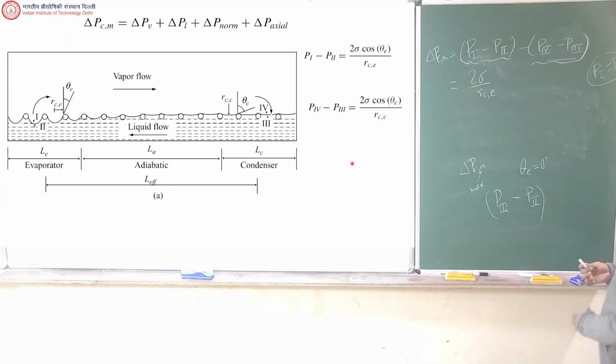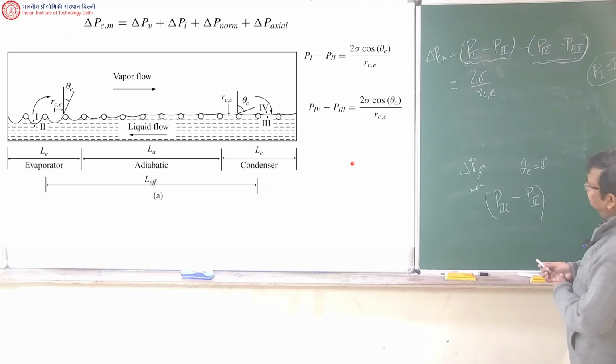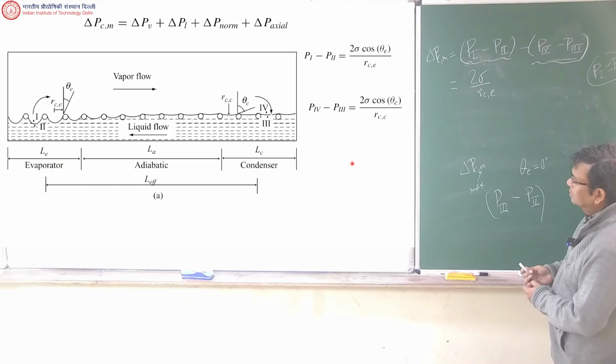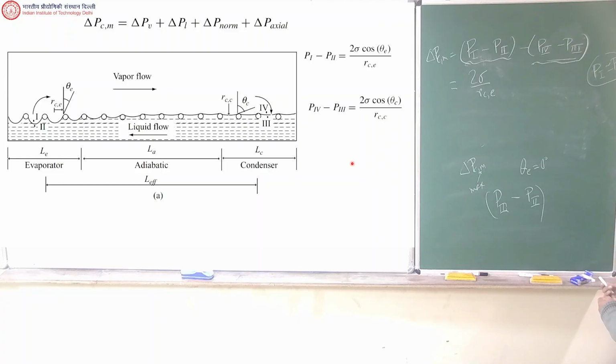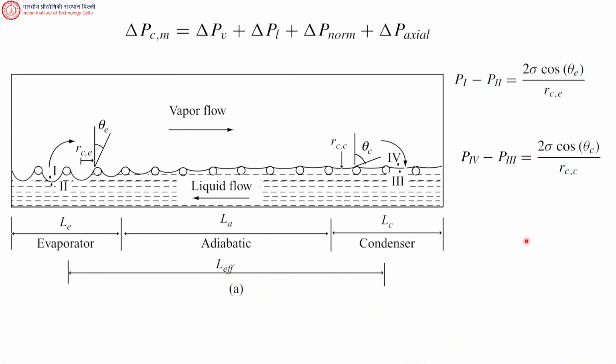So what's the minimum value of this? This will be cos theta C. Okay, theta C can be how much? Theta E we set equal to 0.